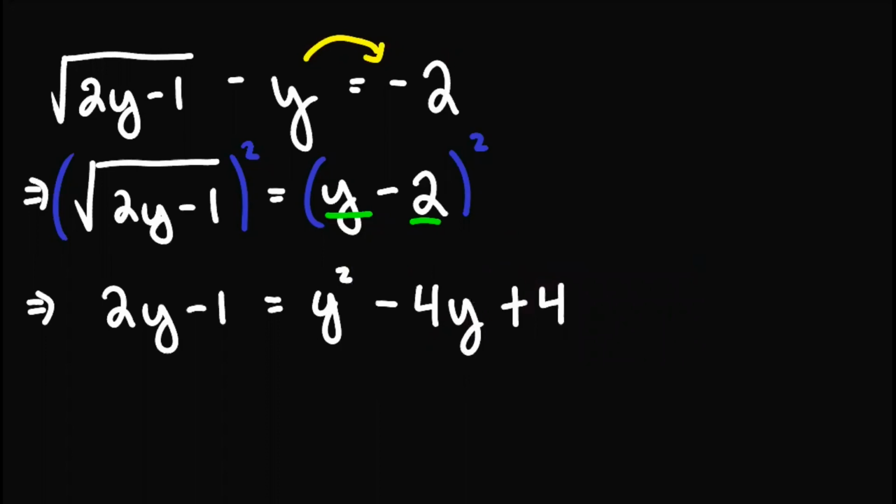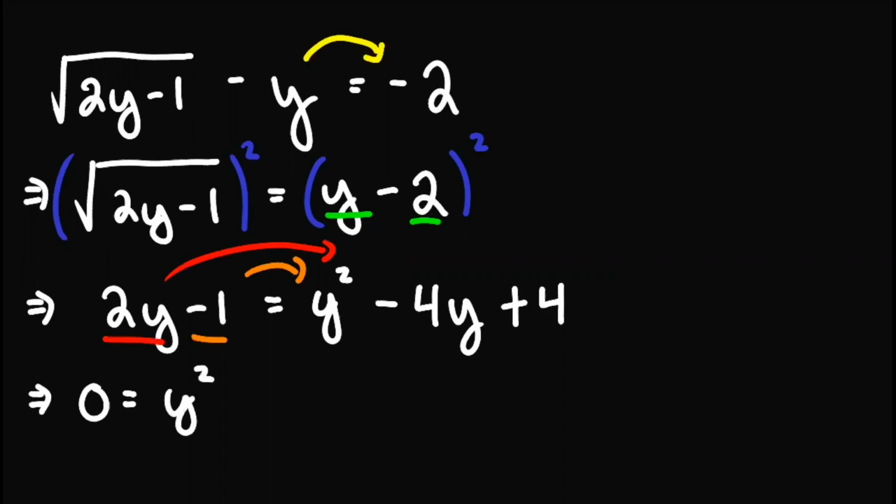And let's combine the like terms. So we can move this 2y to the right side, and the same for the negative 1. So this becomes 0 equals y squared, and we have negative 4y minus 2y and positive 4 plus 1.